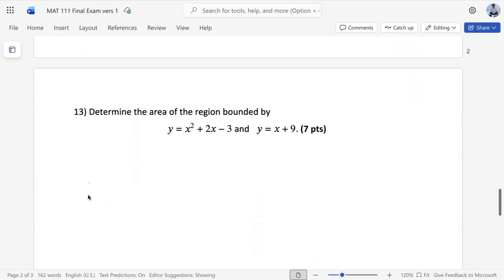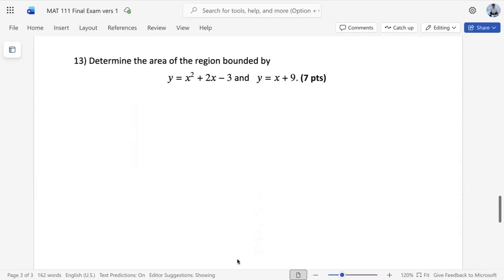Okay, lastly, we're given 2 functions, and we want to find the area bounded by those 2. We have a line and an upward parabola. So we want to find the area formed by those 2.